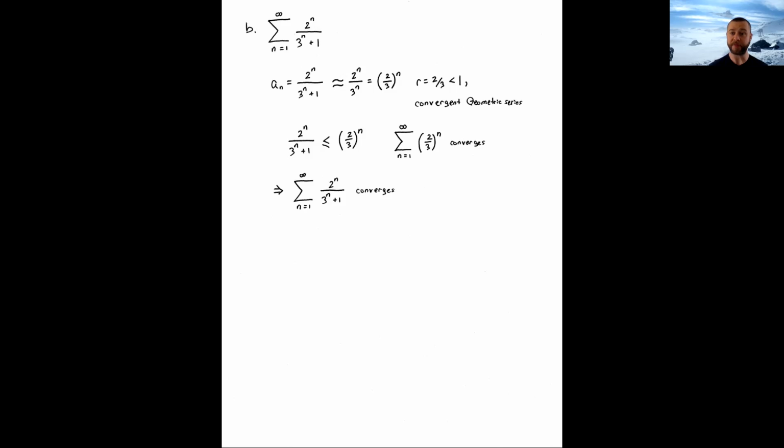Okay, and what we're comparing with for the bigger infinite series term, 2/3 to the nth power, that is a term for a convergent geometric series. And since here the bigger infinite series converges, our smaller infinite series has to converge as well by the first part of the direct comparison test.